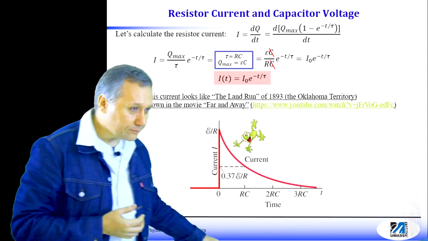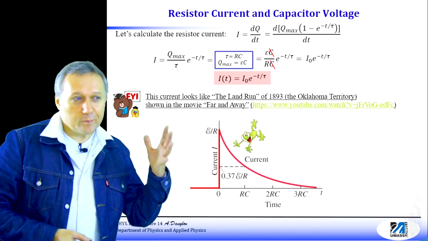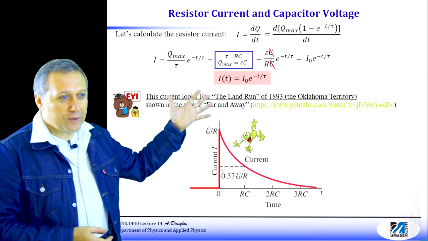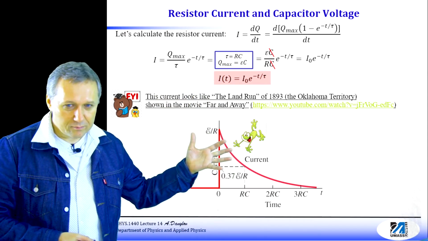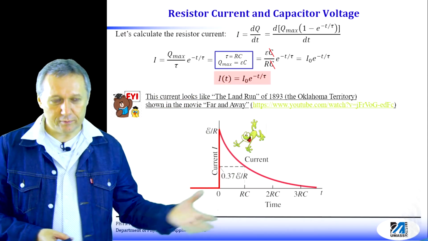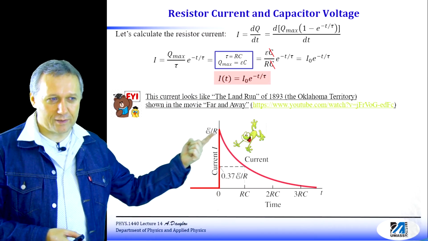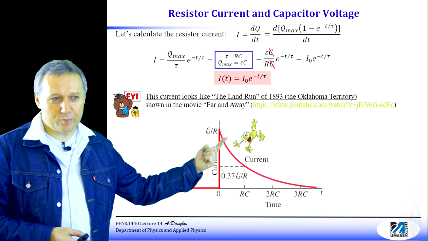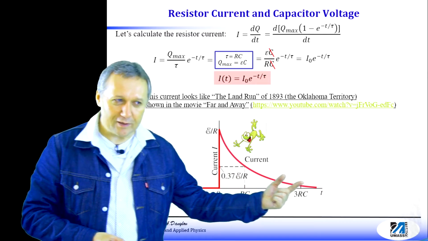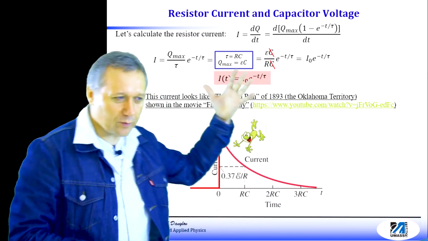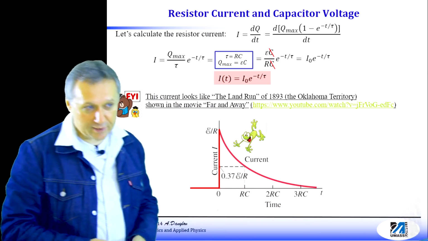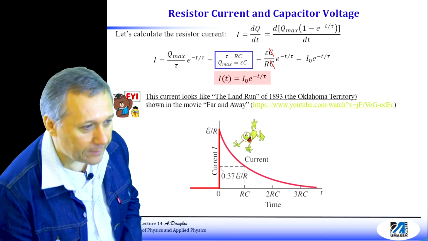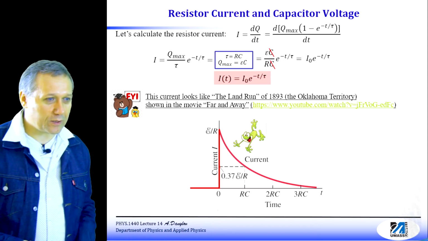Anyway, now if you forget about how current changes in time, just recall this movie. First, lots of farmers running, and then as time goes by, the number of them gets smaller and smaller. Eventually there's no point, because the land will most likely be taken. Okay, so that's what I wanted to discuss.